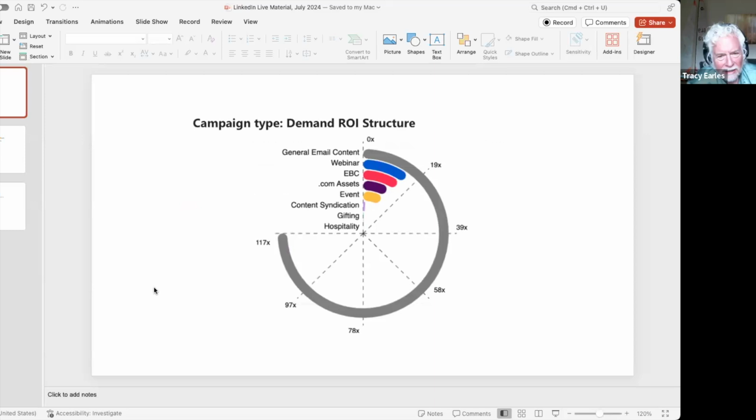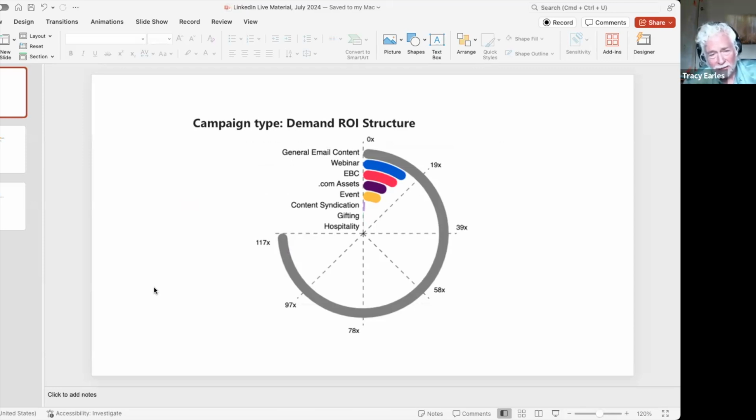Okay, so this is a super simplified view of all the different kinds of campaigns that we run to generate demand. Obviously email is email. Everybody understands that. You may not know what EBC is. EBC is our executive briefing center.